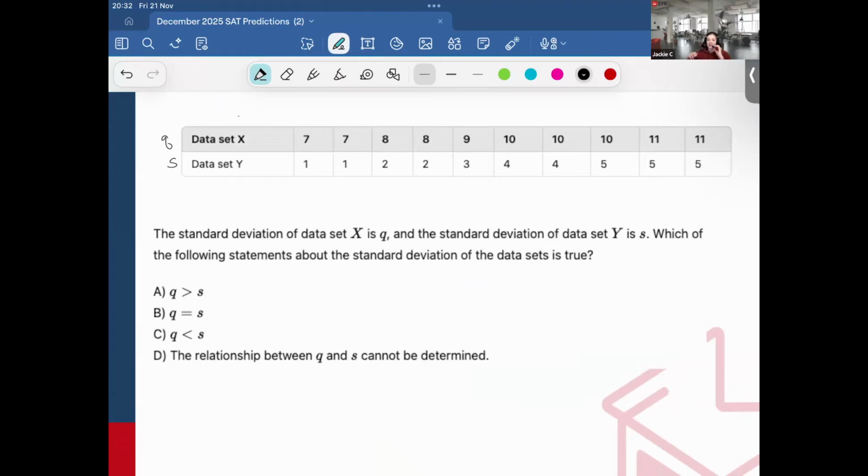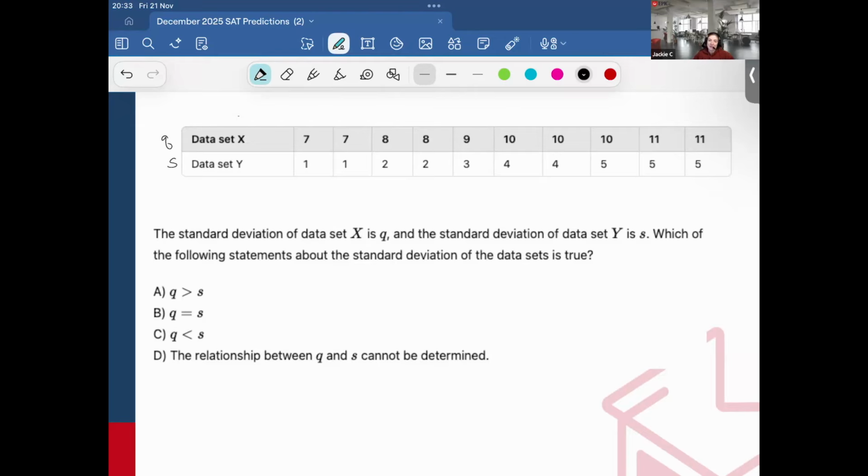For this one, I always tell students that standard deviation measures, for each number in the set, how close it is to the average. So if there's a low spread, or a low distance from the mean, the standard deviation is going to be smaller. If there's a higher spread between the numbers, standard deviation is going to be higher.